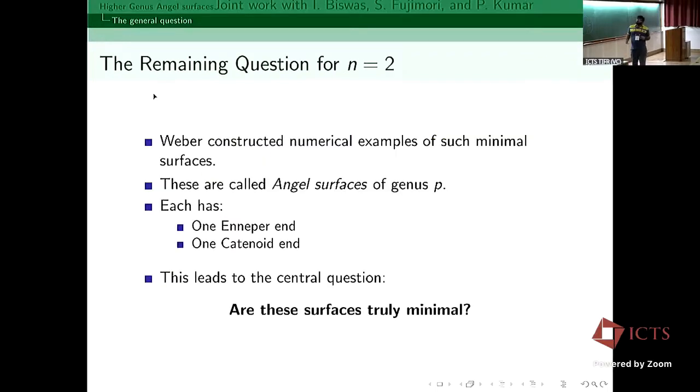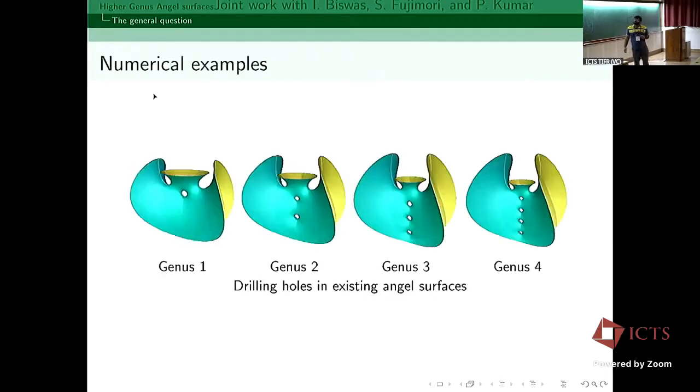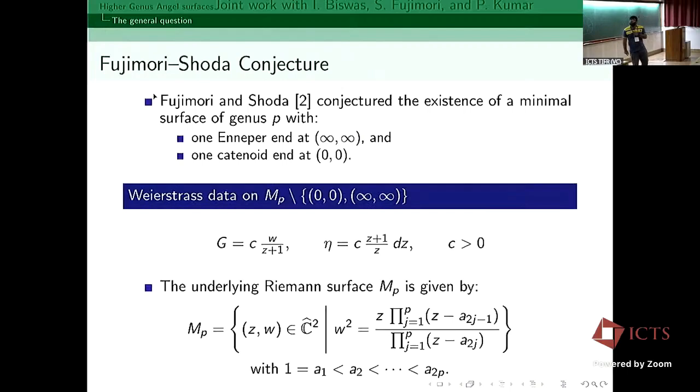The question now is, are these surfaces truly minimal? Let us see that. Fujimori and Shoda conjectured in their article that yes, they are minimal, and this is their Weierstrass data, G, eta, and M_p.